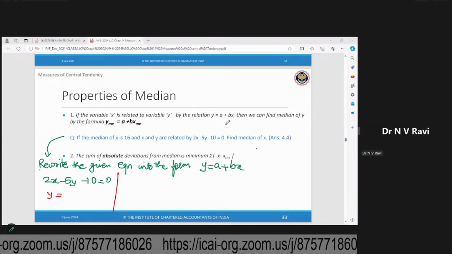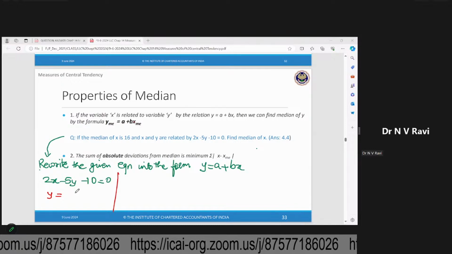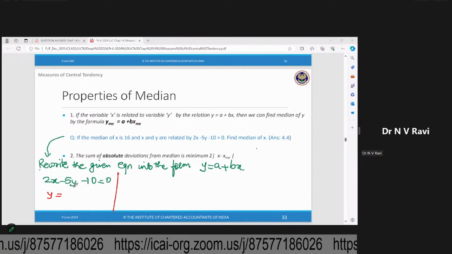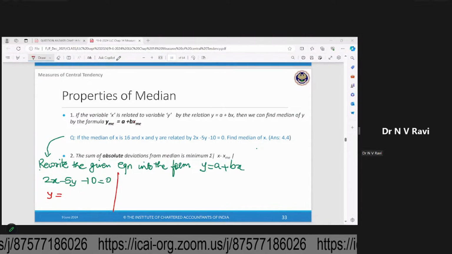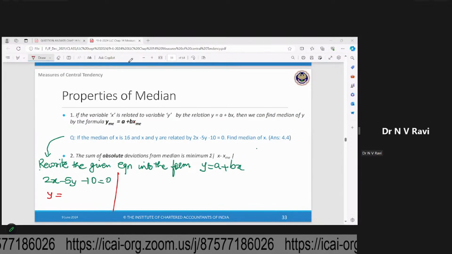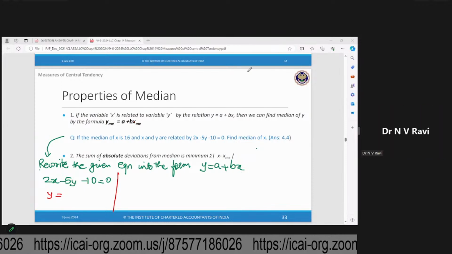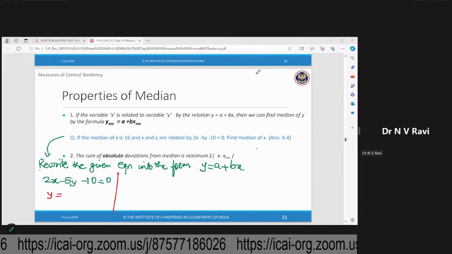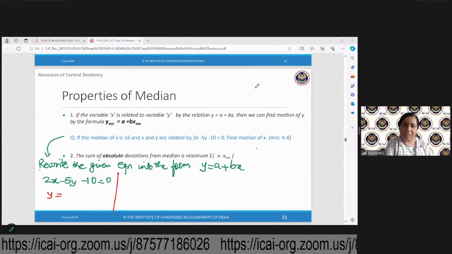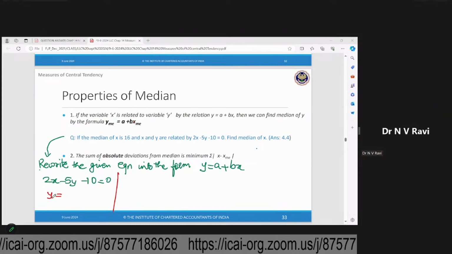Yes, madam. Yes sir. This property is similar for the median, mode, and mean also. Mean, mode, median is affected by change of origin and scale. So this is also very important from the examination point of view.